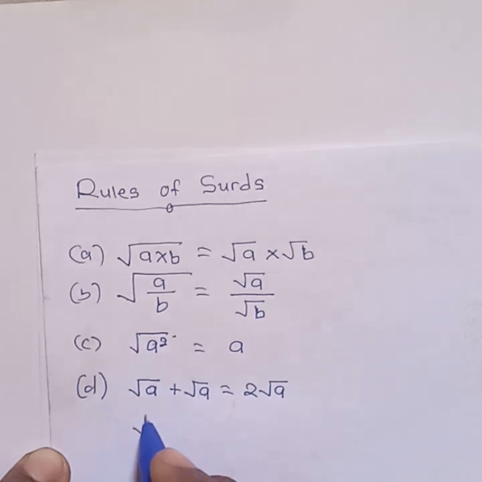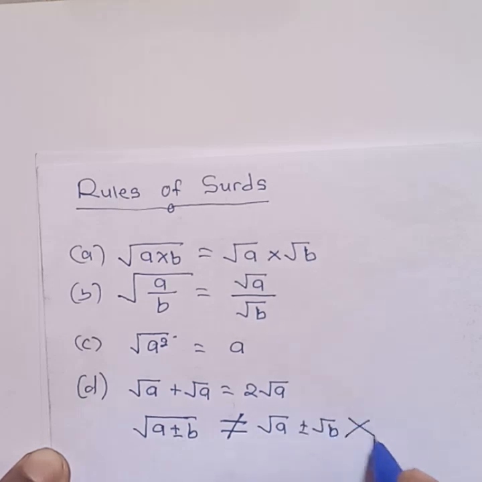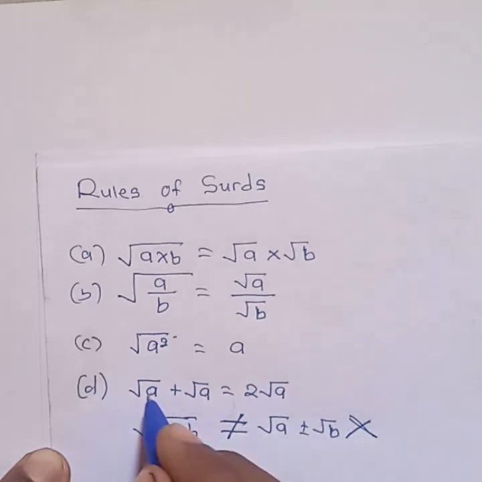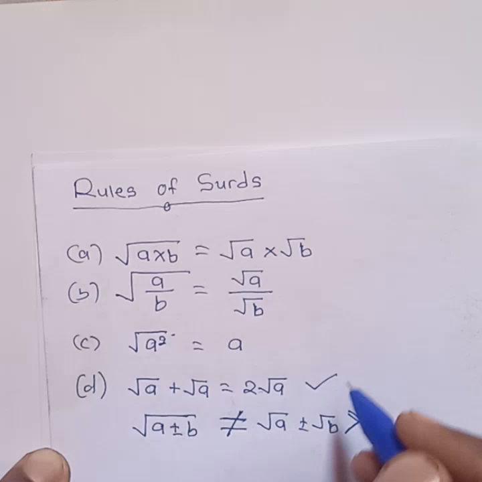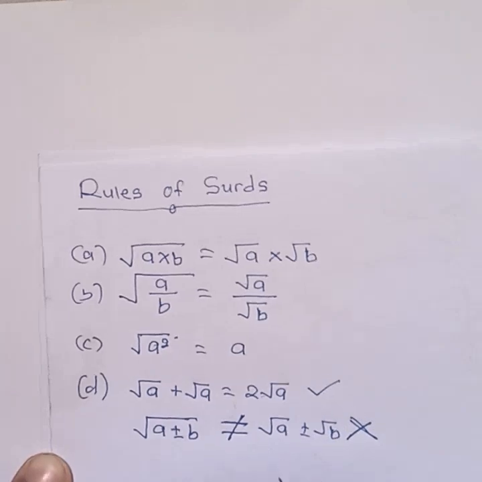For example, square root of A plus or minus B is not equal to, take note, not equal to square root of A plus or minus square root of B. No. Only like sorts are added. Unlike sorts cannot be added or subtracted from one another.